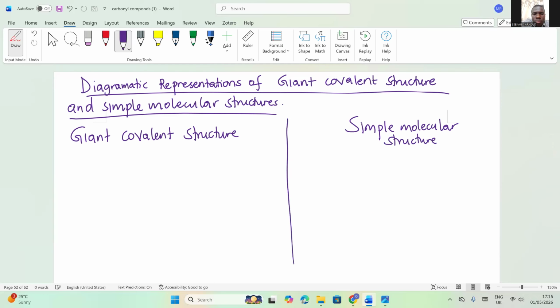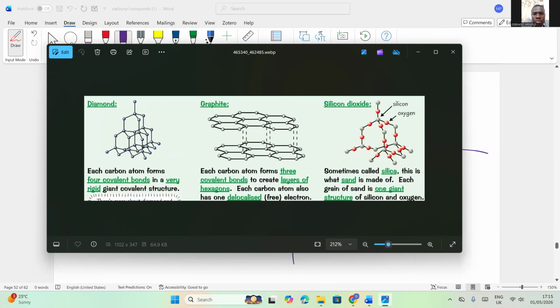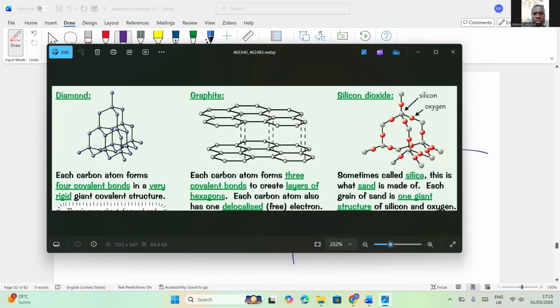Kindly make these drawings, which I am going to illustrate. For giant covalent, these are the drawings. Make them, please. On your left where you have giant covalent, kindly make this structure.